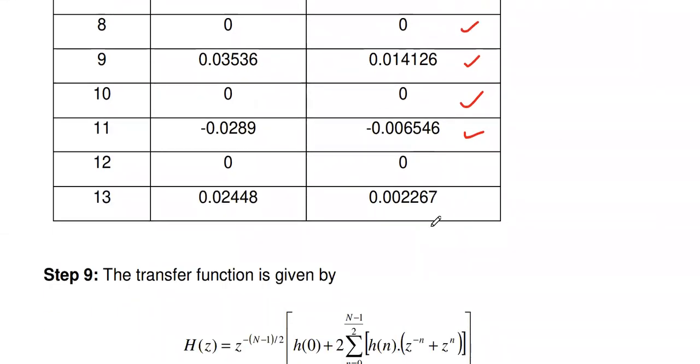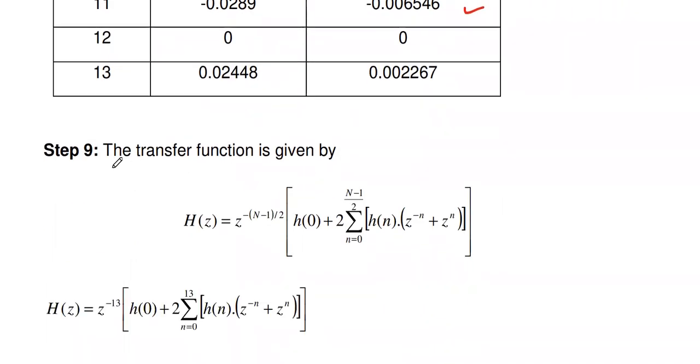Once you have calculated the H of n values, you take the Z transform of H of n and multiply it with Z power minus (n minus 1)/2 to get the realizable filter. The transfer function H of Z is Z power minus (n minus 1)/2 into small h of 0 plus 2 into the summation from n equal to 0 to (n minus 1)/2 of H of n times (Z power minus n plus Z power plus n).